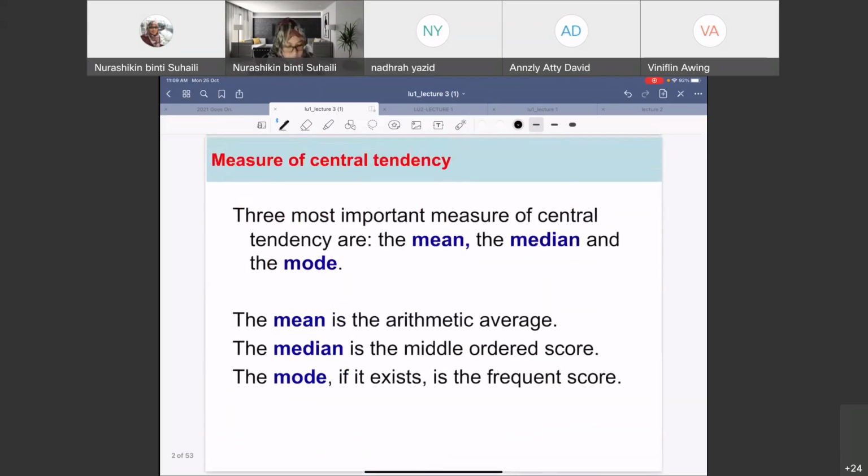Okay, so let's have a look at the first part first. Measure of central tendency. When we talk about central tendency, we are talking about data. Let's say we have a set of data, and the whole thing here we call a distribution.